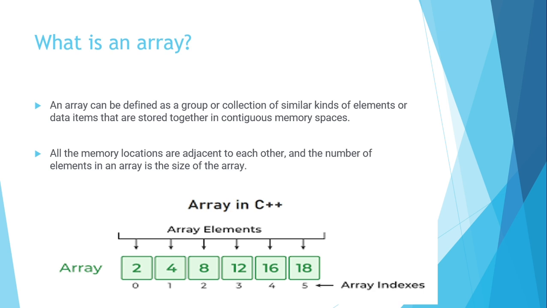Array indexes start from the number 0. So 0, 1, 2, 3, 4, 5. For this, we allocate an array of size A of 6. The array size is indicated by the subscript square brackets.